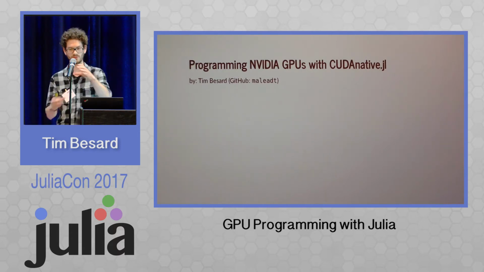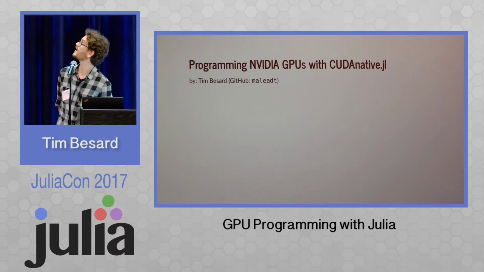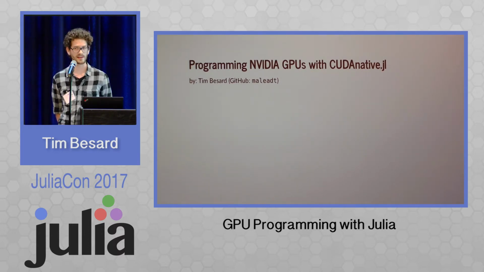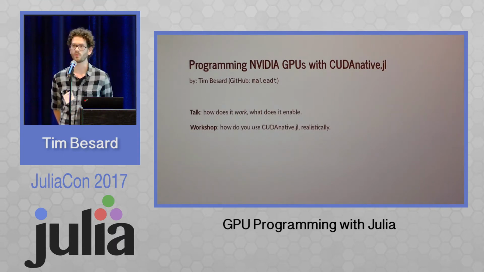Okay, will do. So today I'm going to talk about CUDAnative, which is our recent effort to bring a native compiler to Julia, allowing you to write GPU code for CUDA NVIDIA GPUs in Julia itself. As you might have noticed, I have prepared both a talk and a workshop. Today the workshop is going to be hands-on in a way. I'm going to show a lot of code, and I'm going to assume that you have some experience with GPU programming already.